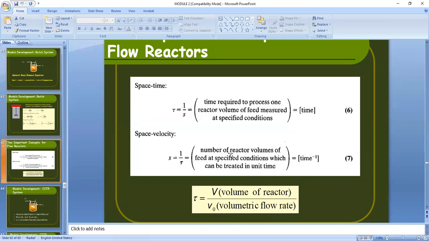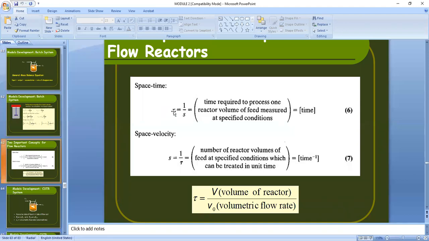It tells you the number of reactor volumes of feed at specified condition which can be treated in this unit time. So your tau is V, the volume of the reactor, divided by the volumetric flow rate. So the one that you are seeing here is just telling you that one is just the inverse of another.